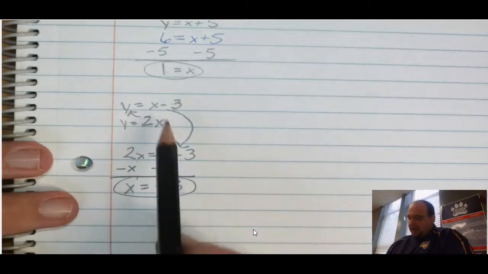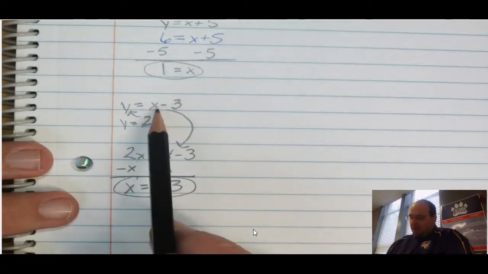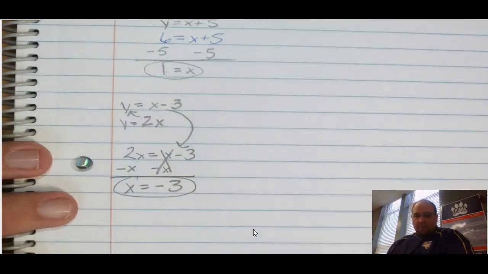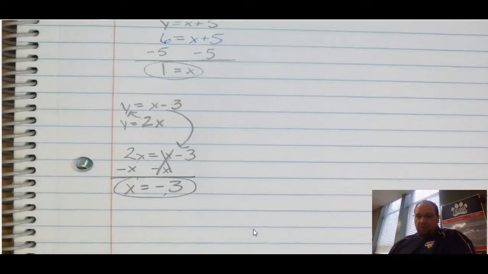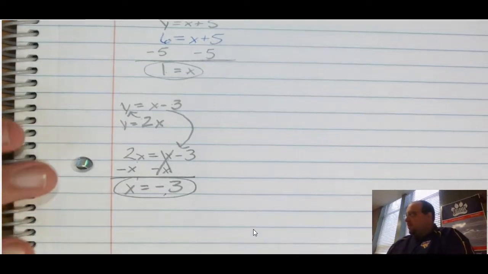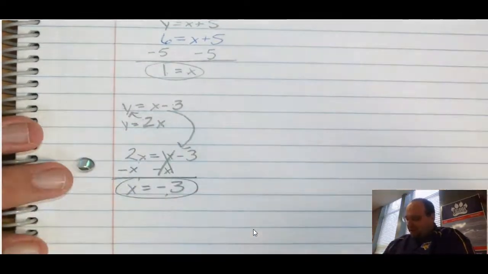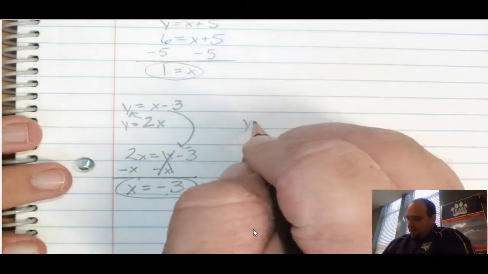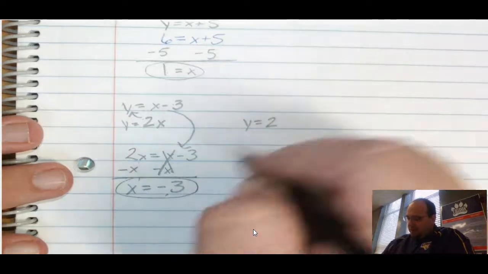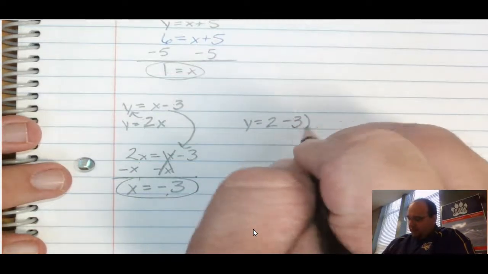Now, unlike the previous problem, I don't have one that says y equals a number, so I'm going to have to substitute this solution in for one of these equations. So I get to choose which equation I want to put it into, and I'm going to put it into this equation right here, y equals 2x. I'm going to go y equals 2, and in the place of x, I'm going to put a negative 3.